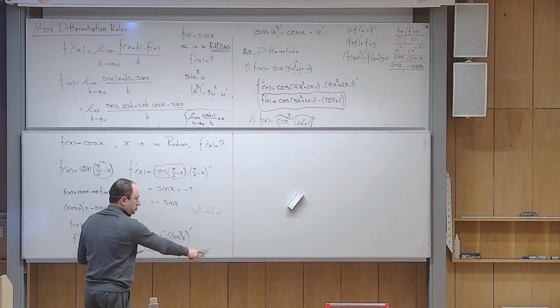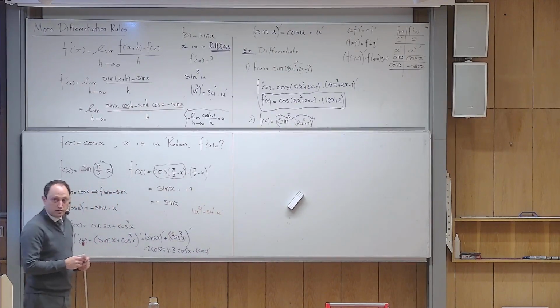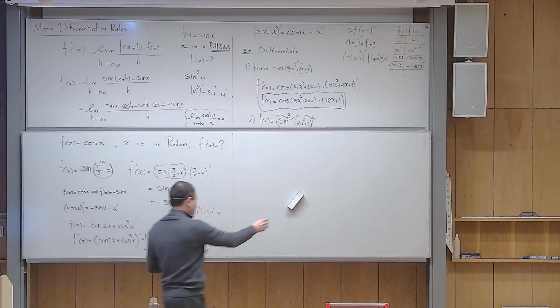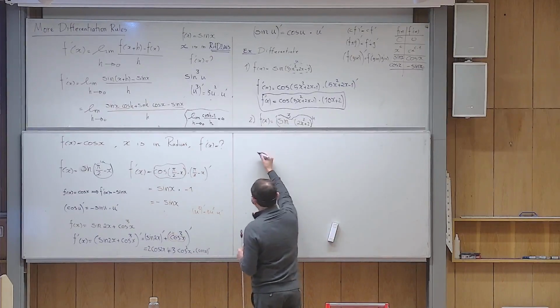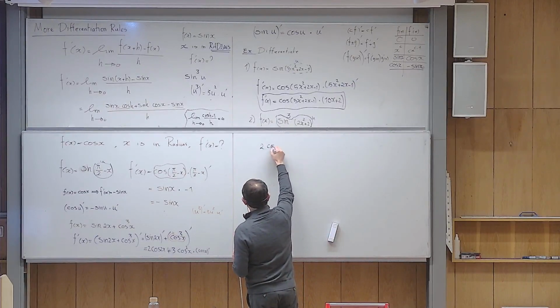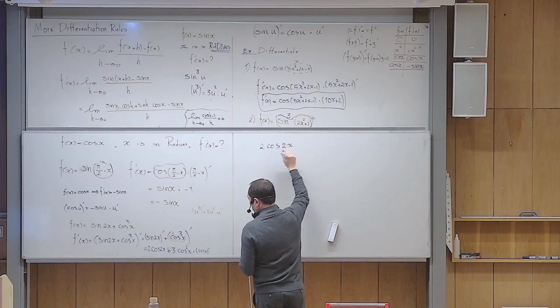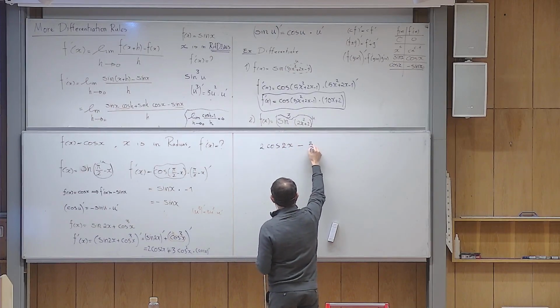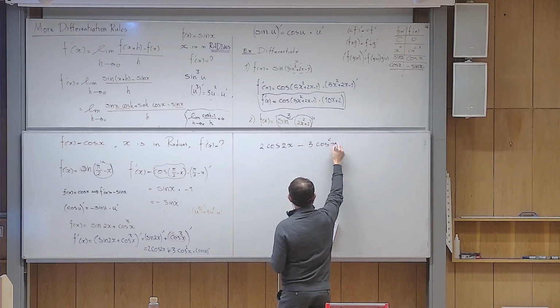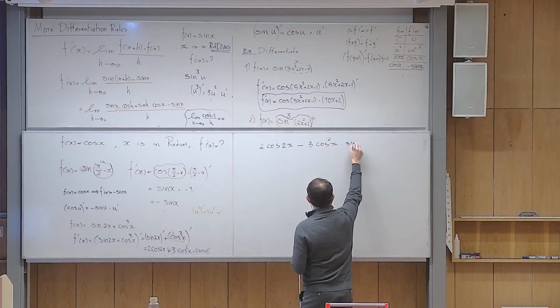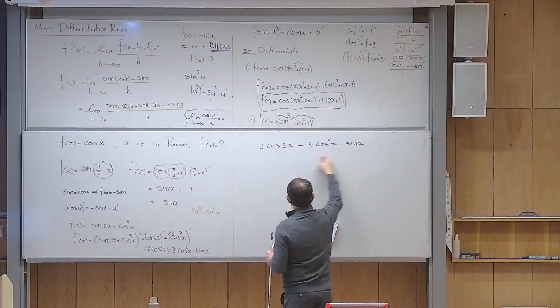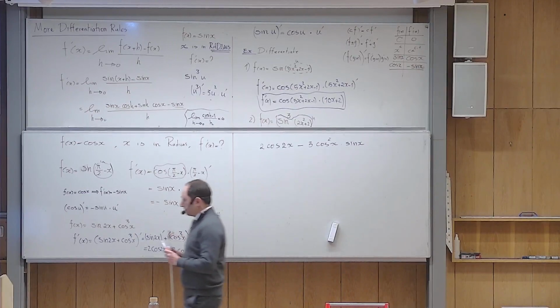The derivative of cosine x is negative sine x, and I just write it here. So this becomes 2 cosine 2x, and then negative 3 cosine to the power of 2 x times sine x. So that is the derivative of that function.